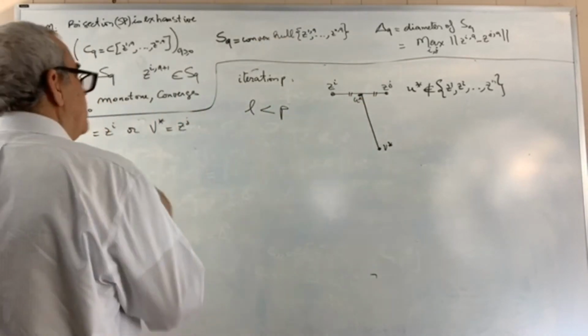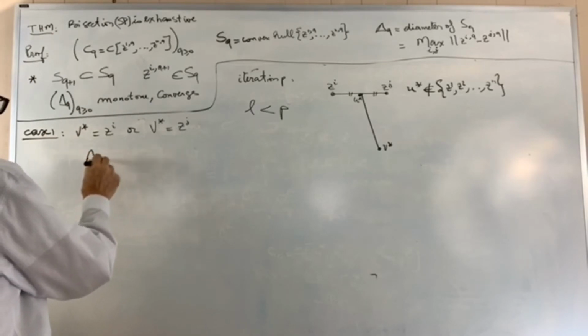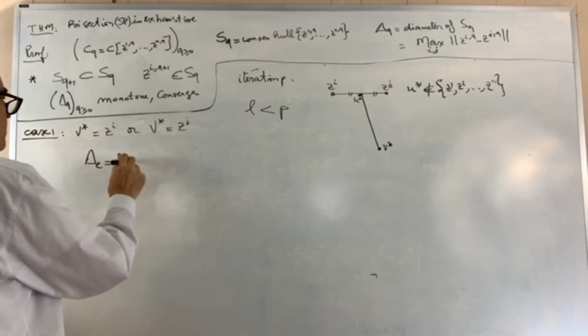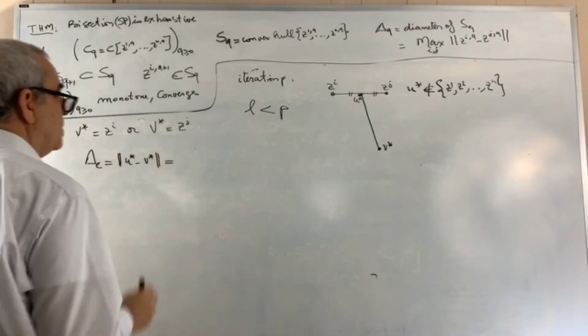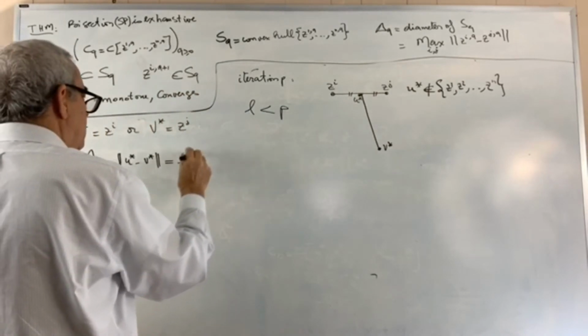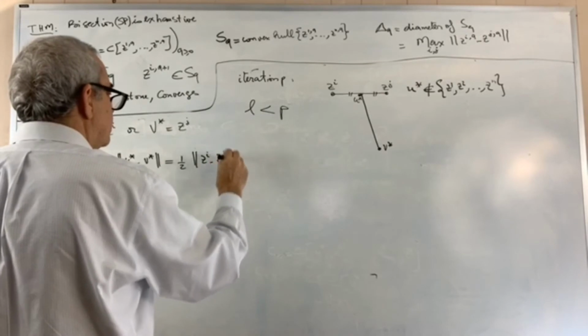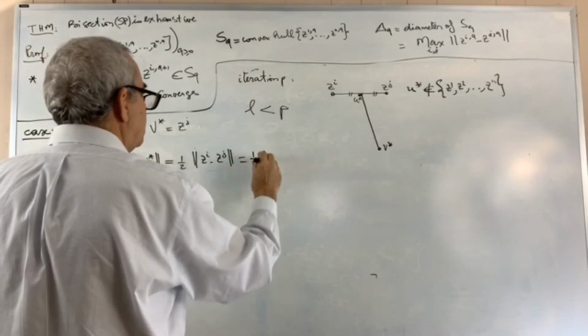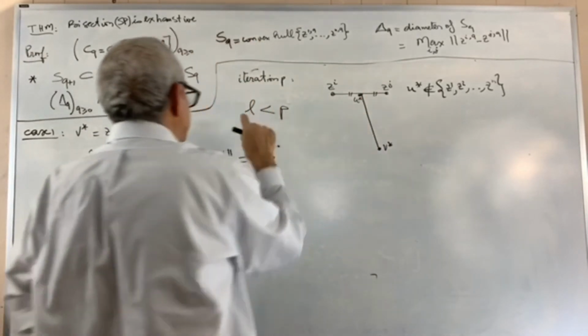Then, what can we say about the delta L? That's equal to the norm of u star minus V star, which is equal to, if it's one of these, half of the norm of Zi minus Zj, which is equal to half of delta L, right? Because this is the longest edge at iteration L.